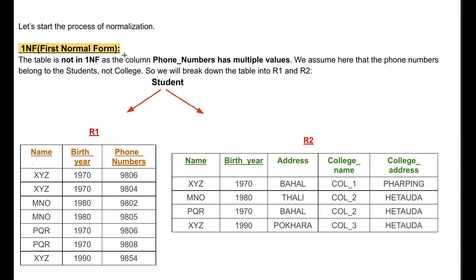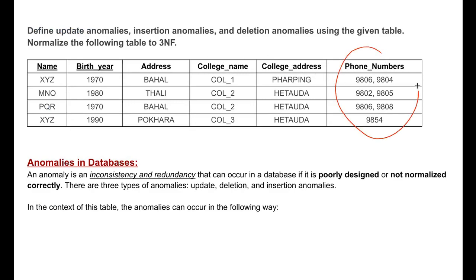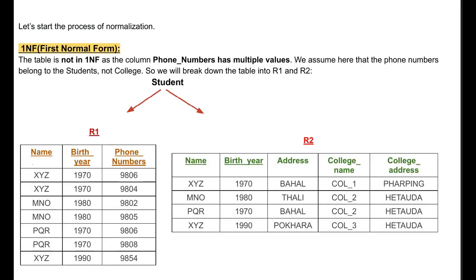Let's start with first normal form. As we can see very clearly, this column here is violating the first normal form because of this non-atomic or multi-valued attribute. So the first step is to break down this table into R1 and R2.